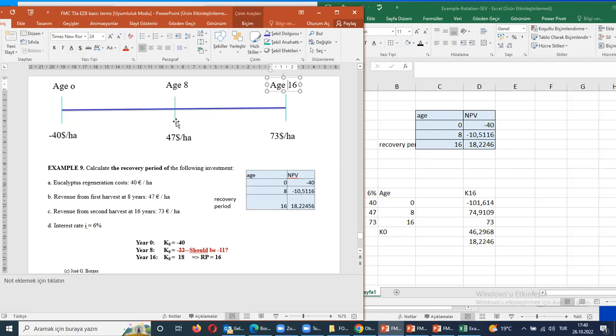So we'll do this same thing for the first harvesting at the age of 8, which provides us 47 euro per hectare. So we'll just have the future value over 8 years.